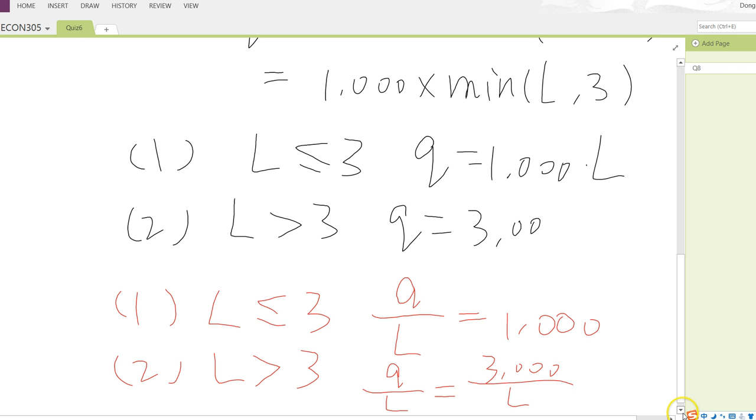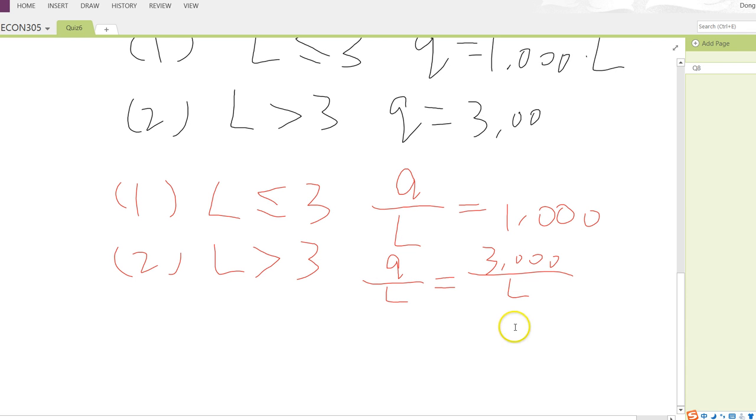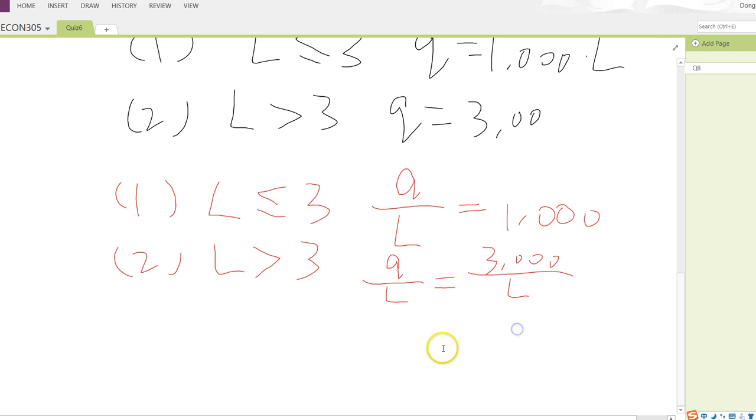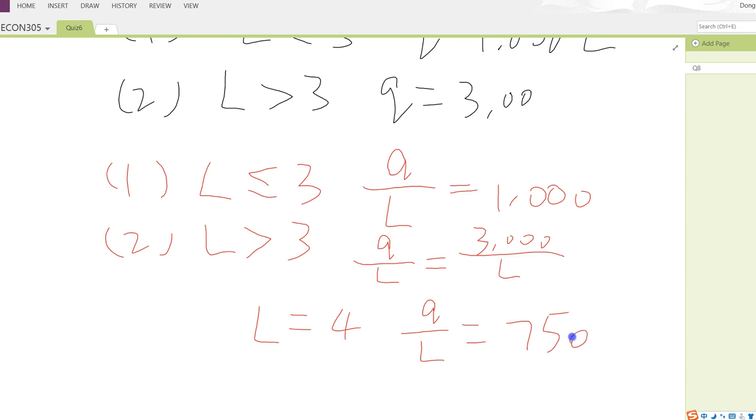So for this portion, we probably need to calculate some numbers in order to fix this curve, when L equals 4 and when L equals 5. So if L equals 4, hence Q divided by L, that's 3000 divided by 4, that becomes 750, right?